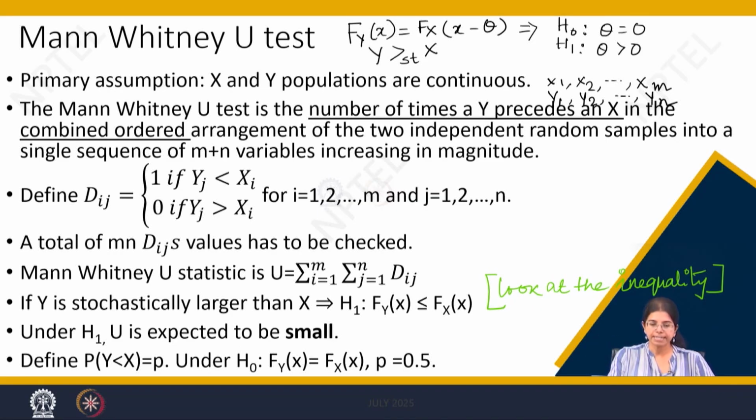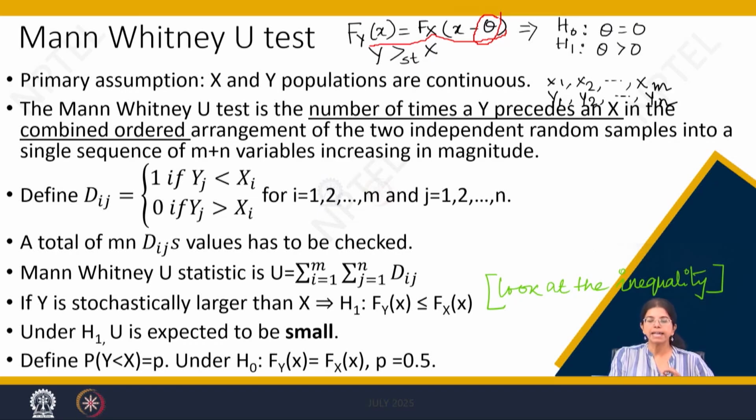So here you can see that Fy(x) is equal to Fx(x minus theta). Clear? That means these two distributions will be identical if this location parameter, theta, is 0.